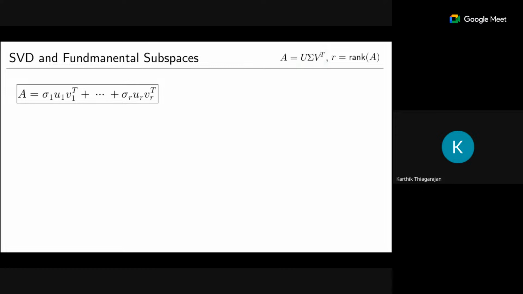What is the rank of each matrix? This we discussed before: 1. Each one is a matrix of rank 1.